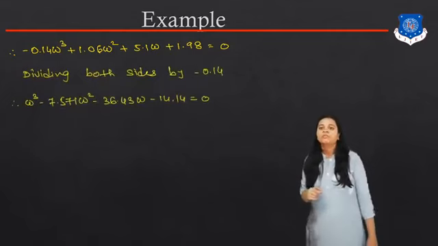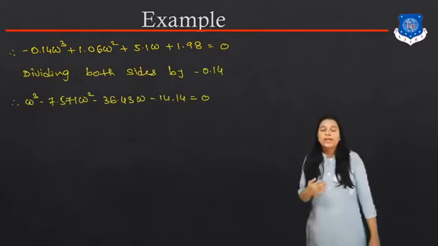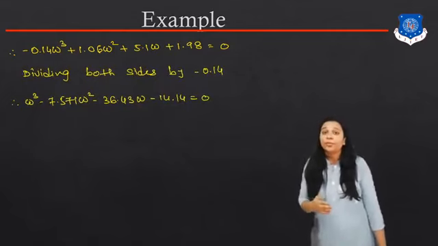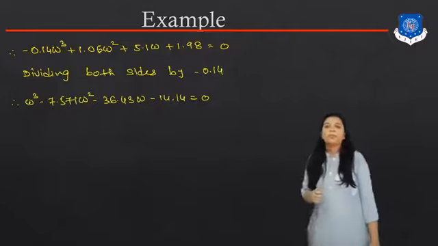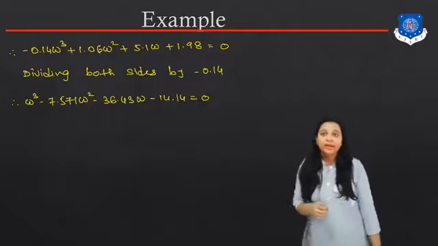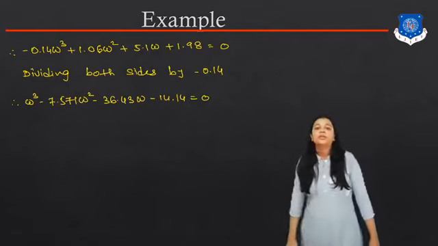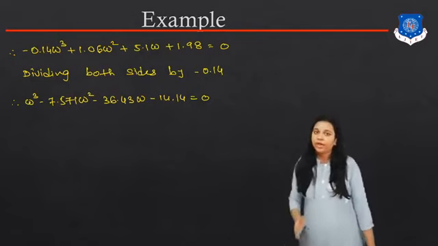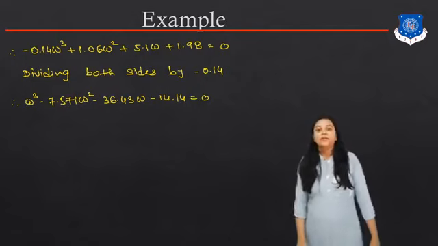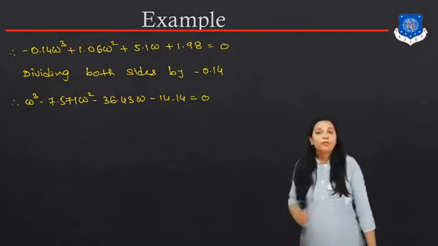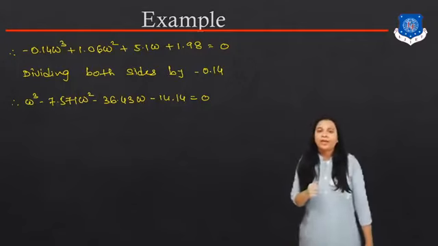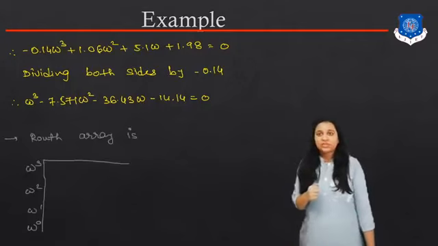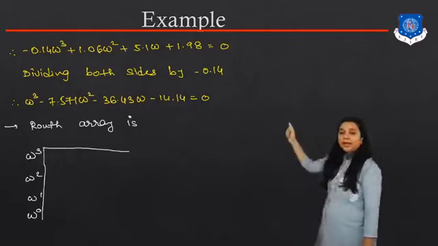Now we have to divide both sides by minus 0.14. We get omega cube minus 7.571 omega square minus 36.43 omega minus 14.40 equal to 0. Now we have to apply the Routh stability criterion to find out the stability of the system. So this is the Routh array.